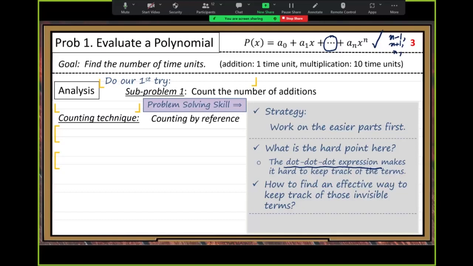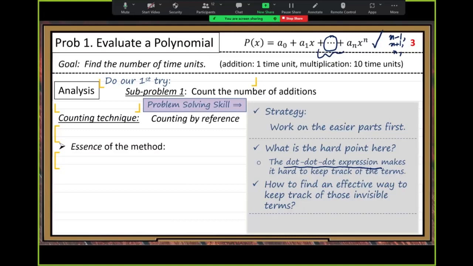We use those things as references, right? Here, when we want to make some invisible, uncertain things more certain, we want to find appropriate references. So here, the counting by reference idea, let me describe it.